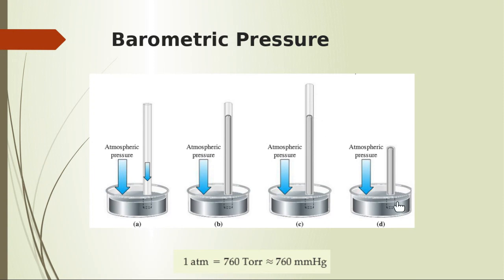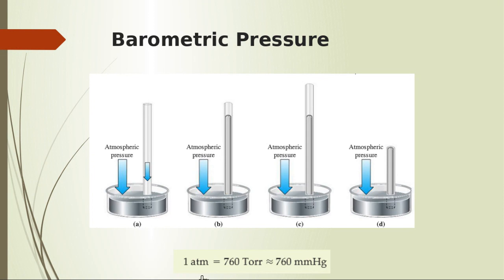For D, a column of mercury fills a closed-end tube that is shorter than 760 millimeters. In the closed-end tubes in B and C, the region above the mercury column is devoid of air or contains only a trace of mercury vapor.